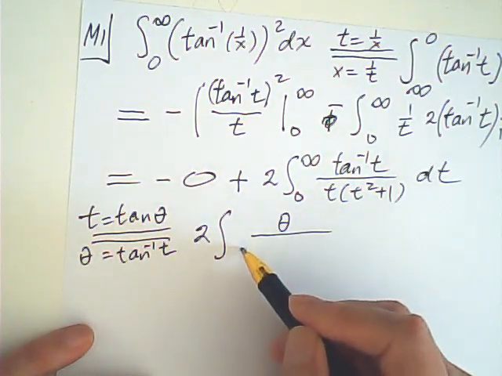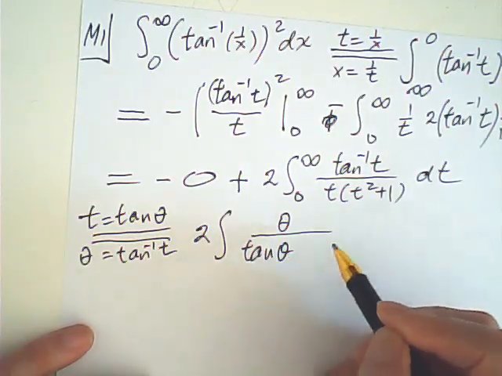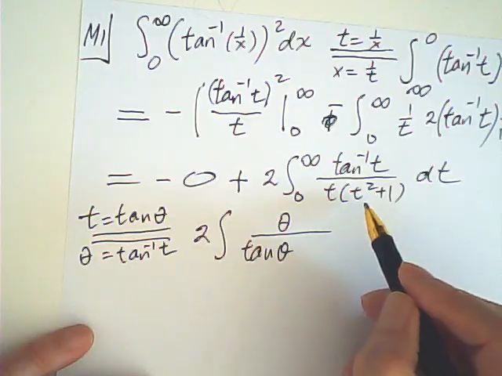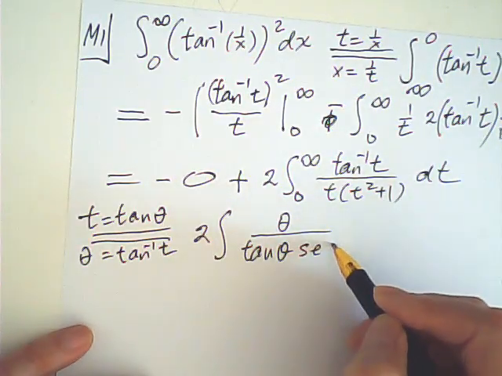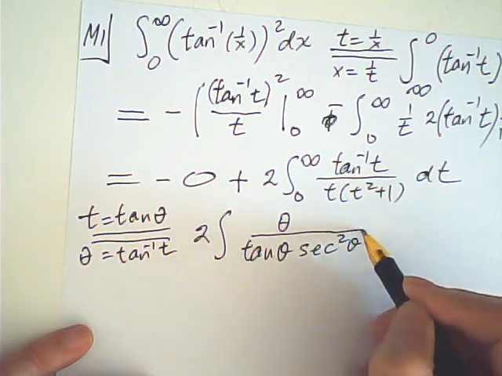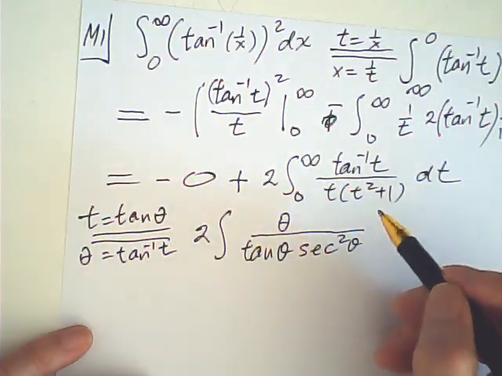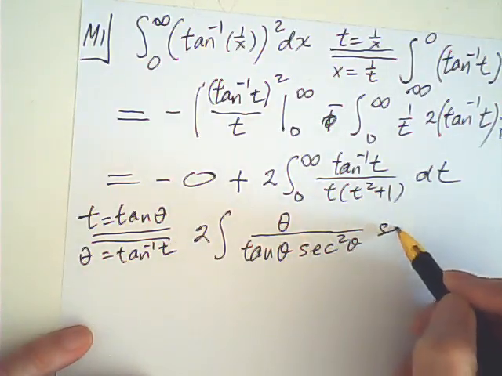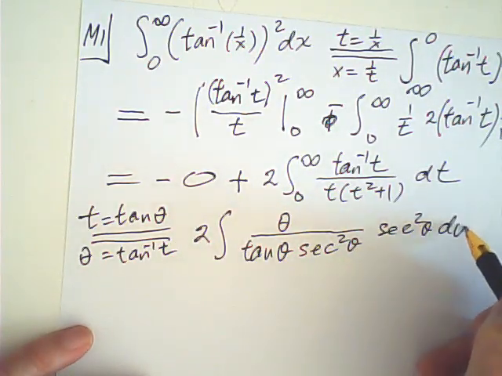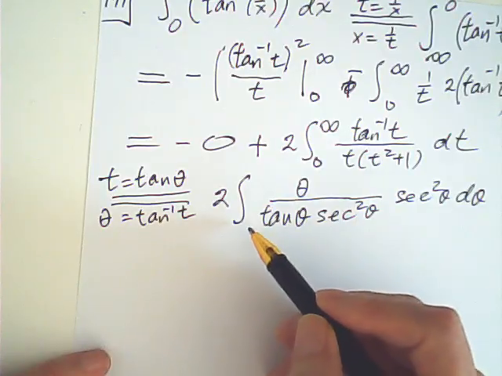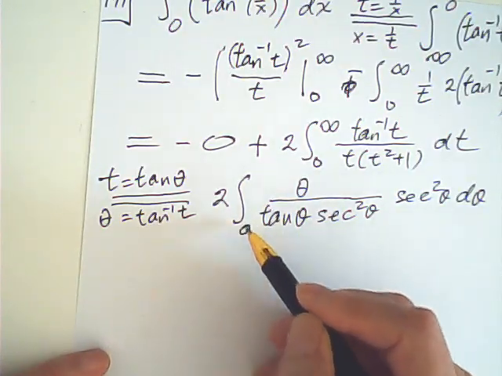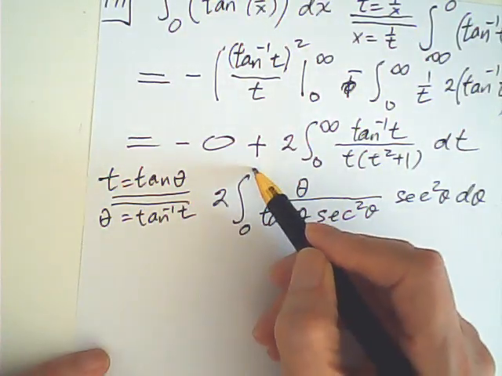This is tangent theta, and t squared plus 1 is tangent squared plus 1, which is secant squared. dt is secant squared theta d theta. So the boundary has been changed from 0 to half pi.